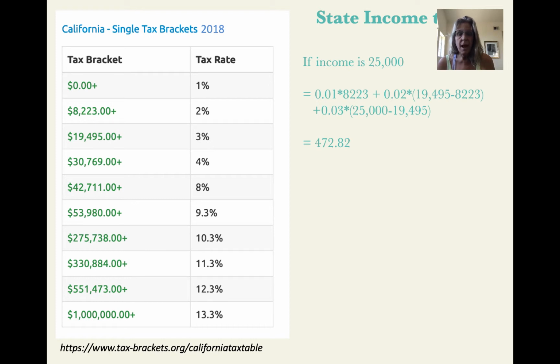And then the difference between $25,000, which is the amount that you have, minus $19,495, you're taxed at 3%. If we do that calculation, for somebody with taxable income of $25,000, the taxes they pay are $472.82. And that's how that calculation works.